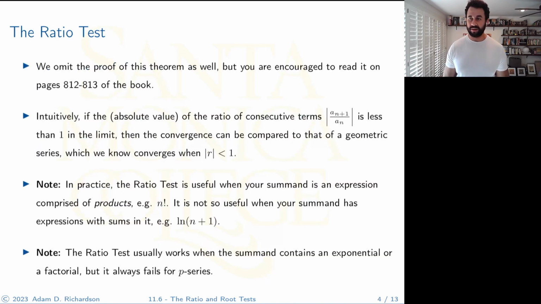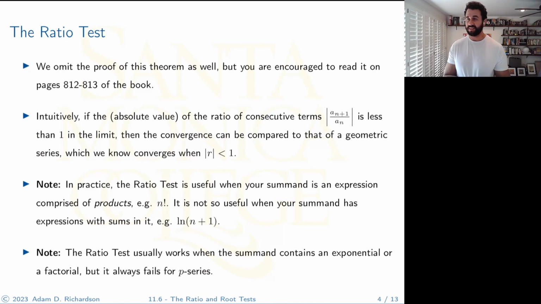So some notes about it. We omit the proof. Once again, I apologize, but you can read it in the book. It's on pages 812 to 813. If you want some intuition for what this theorem is saying, it's saying that if the ratio of consecutive terms is less than 1 in the limit, then the convergence can be compared to that of a geometric series.